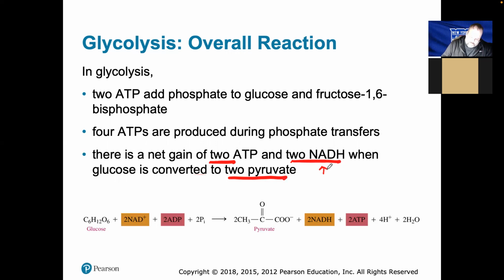And also that generation of 2 NADH is going to be a source of energy as well. So that's also a key product. So 1 glucose, 2 pyruvates, 2 NADH, 2 ATP. That's the bottom line essentially of glycolysis. And this part is something that you should have in mind.